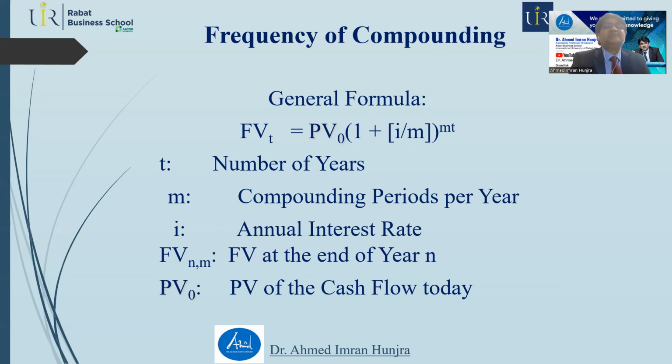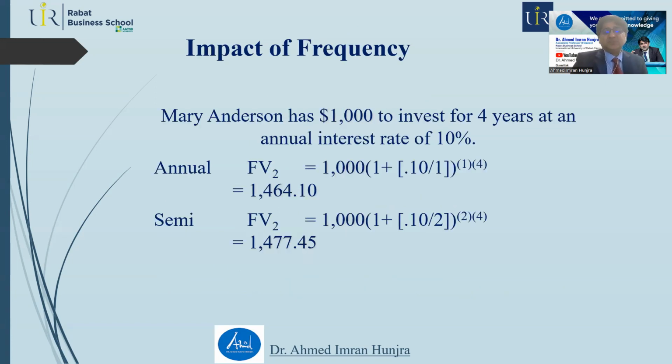It means we convert the interest rate and the number of time periods according to the compounding frequency. So we know future value is equal to present value into 1 plus I raised to the power t. This is for annual compounding.